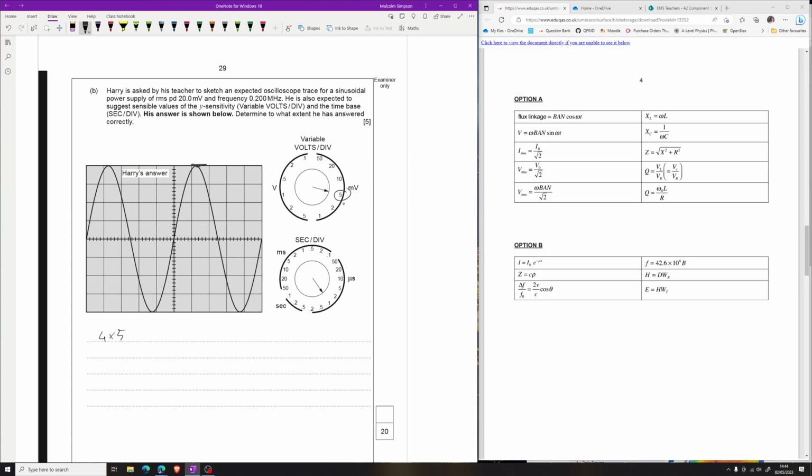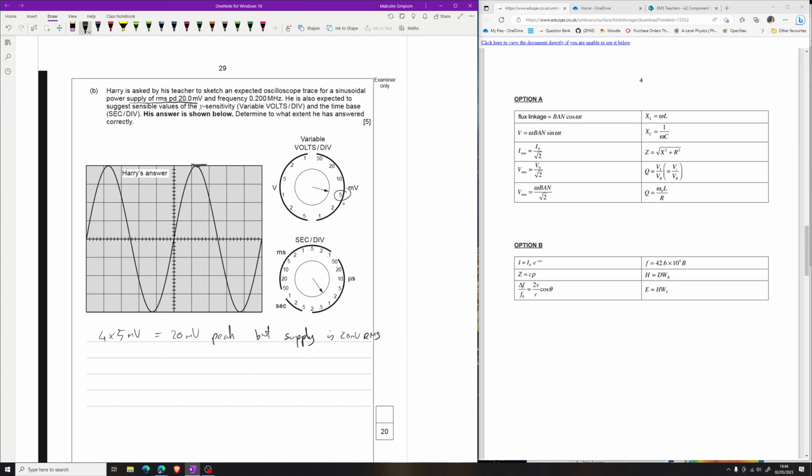4 times 5 millivolts equals 20 millivolts peak. But the supply is 20 millivolts RMS.